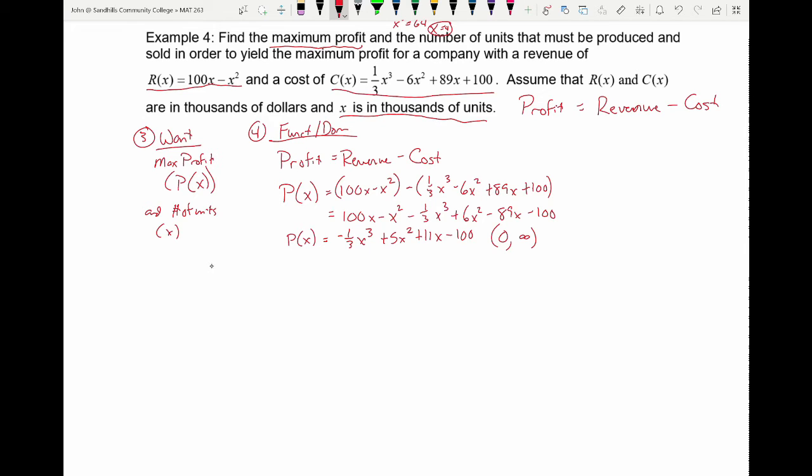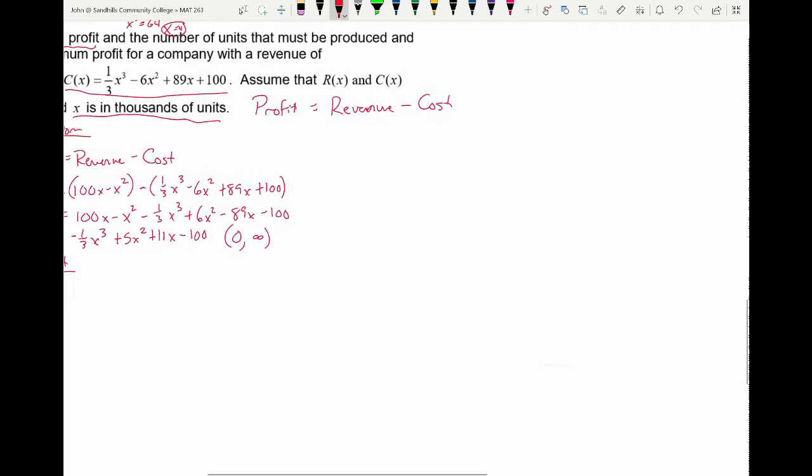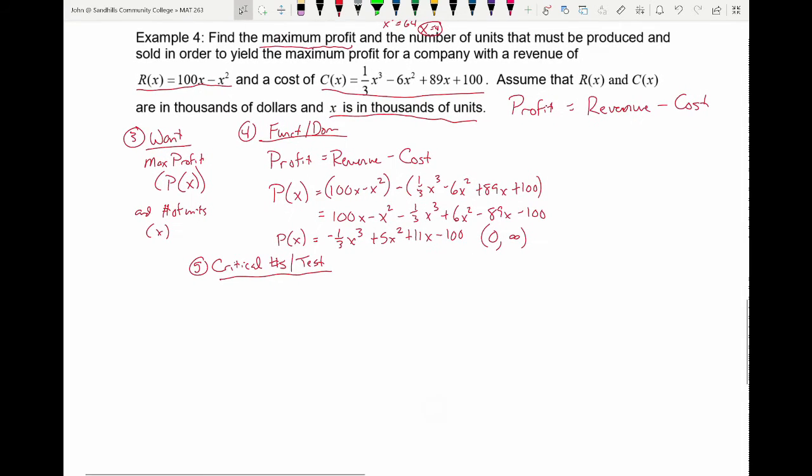So the next step is we need to find our critical numbers and then test those critical numbers to make sure that they give us the type of extrema that we're searching for. So remember, to find critical numbers, you start out by taking the derivative of that function. So P prime of x in this case is equal to negative x squared plus 10x plus 11.